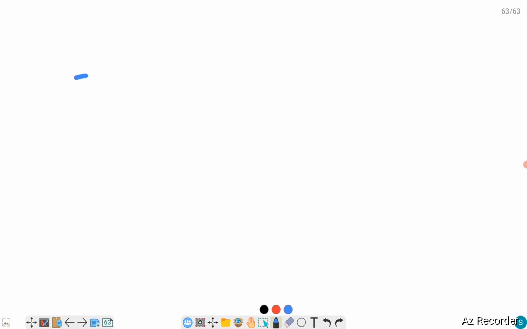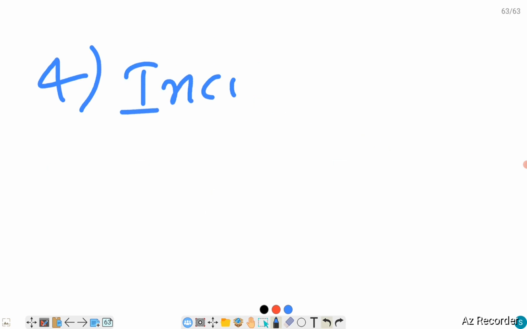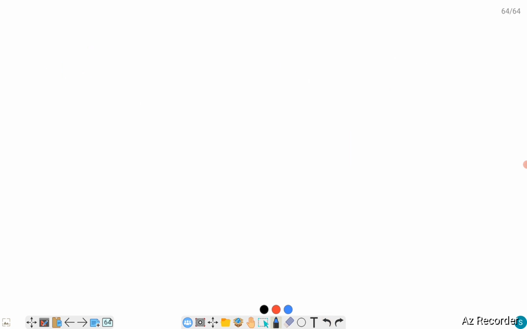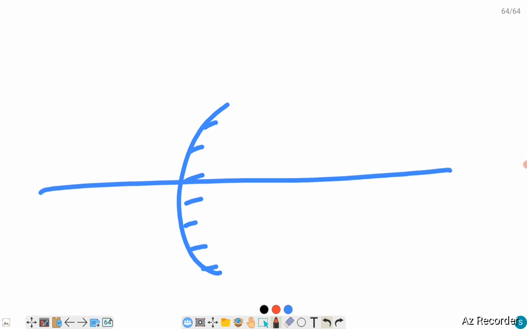Understood? The fourth one: incident ray striking at the pole. Here also you will have the same thing. Pole, focus and center. I am taking the incident ray at the pole.